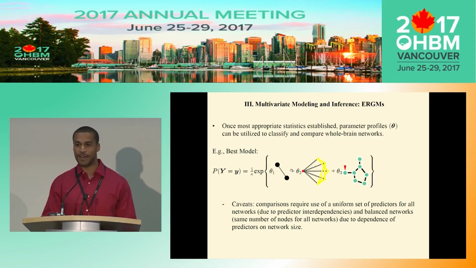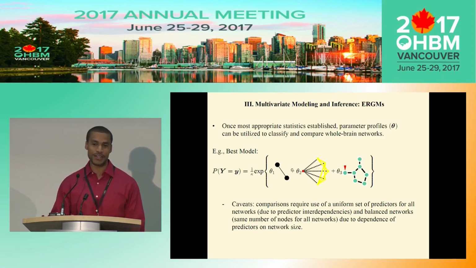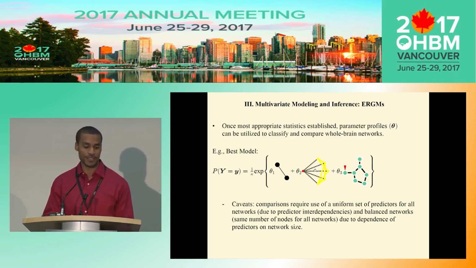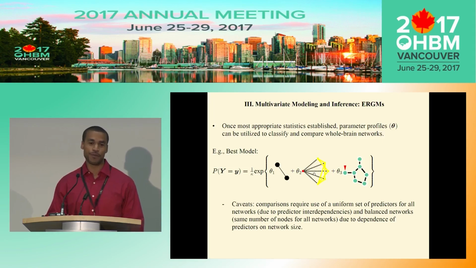There are a couple of caveats, however. One is that comparisons require the use of a uniform set of predictors. In other words, you have to have the same best model for all of your subjects. So for all 20 subjects, you have to fit this same model in order to do formal statistical comparisons. Now, you could do informal comparisons.